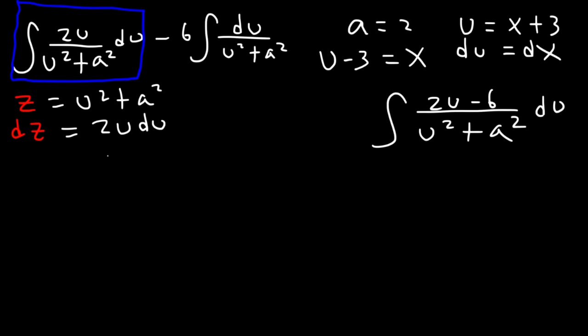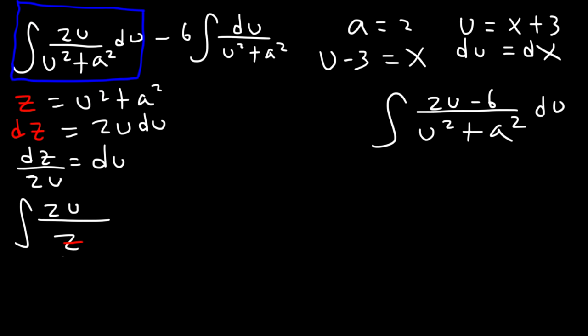So solving for du, it's going to be dz over 2u. So now let's replace a few things. So we have 2u divided by z and du is dz over 2u, which means these cancel.